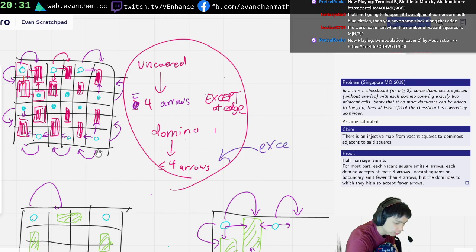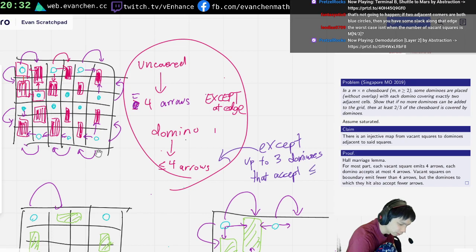Except a very small number of dominoes may accept up to 5. And except up to three dominoes that accept less than or equal to 5 instead of less than or equal to 4.